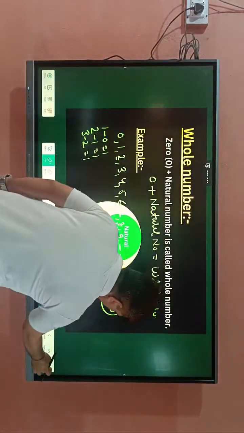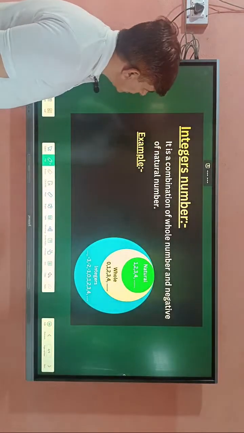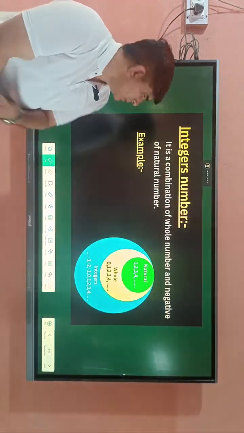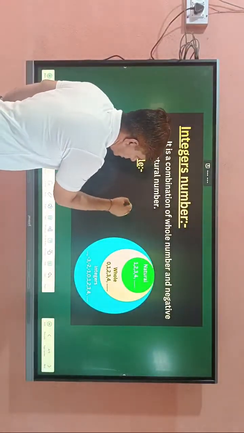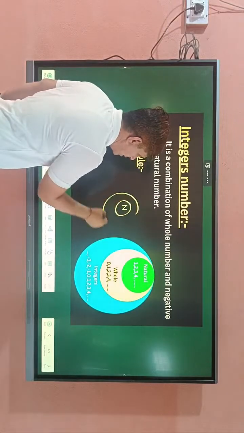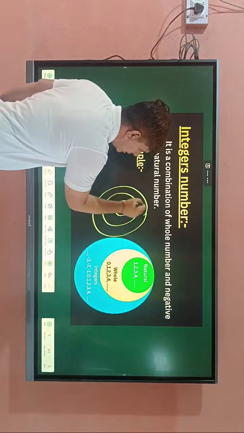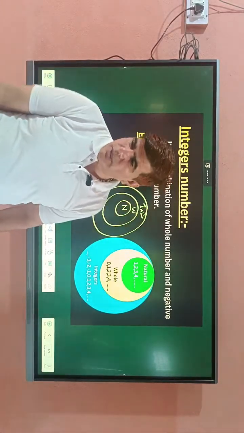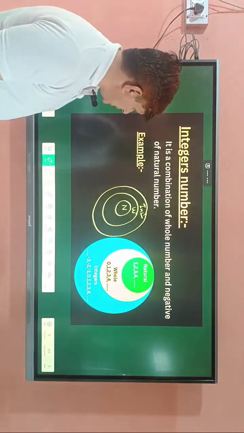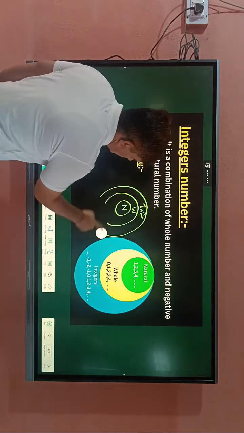Then the third one is coming. What is the third one? Integers. What are integers? So this is the natural numbers. Natural numbers are contained in whole numbers. Whole numbers are contained in integers. So I want to tell about integers. What are integers?